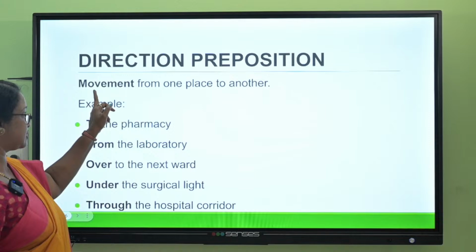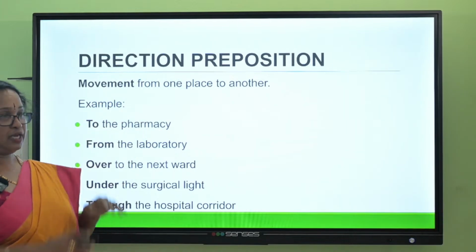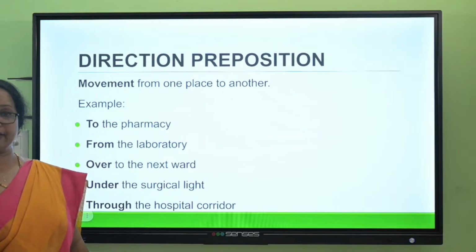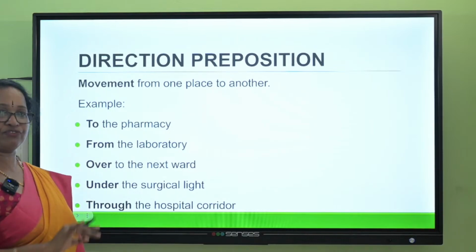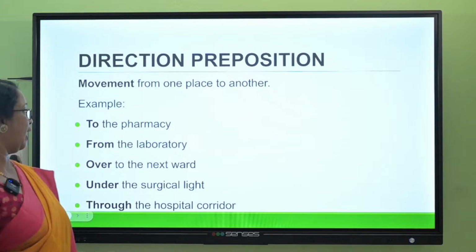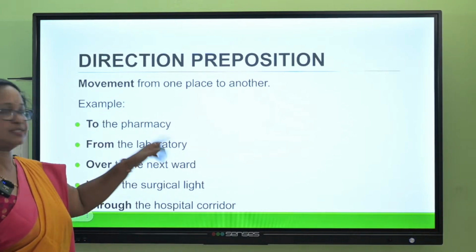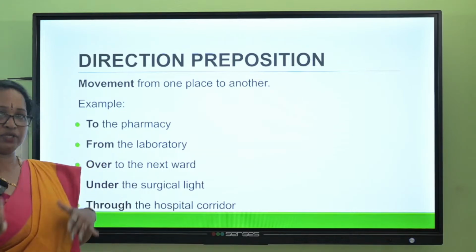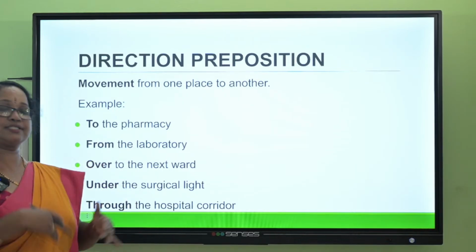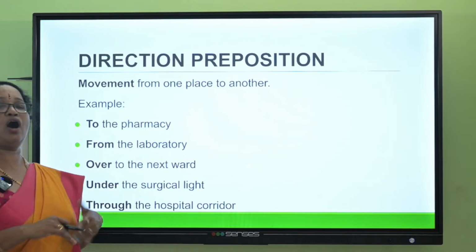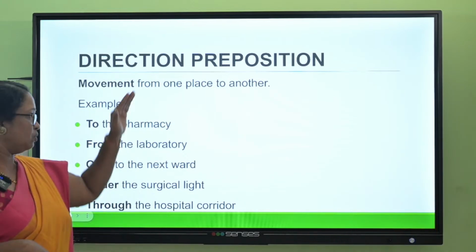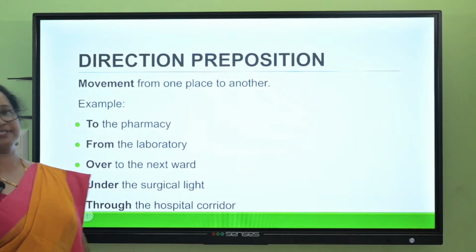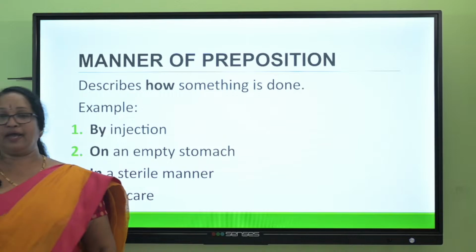And these are direction prepositions. They show the directions, that means movement from one place to another: to the pharmacy, from the laboratory, over to the next ward, under the surgical light, through the hospital corridor. So, like this you can use the direction prepositions.